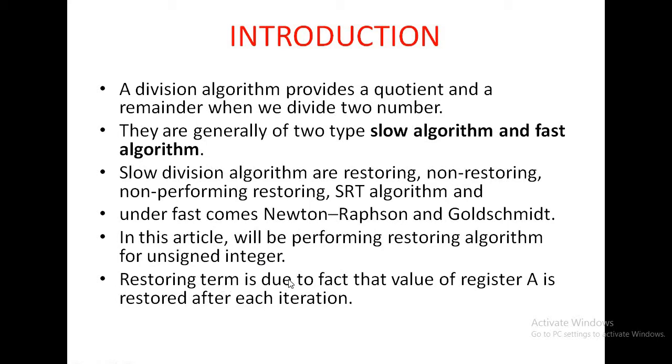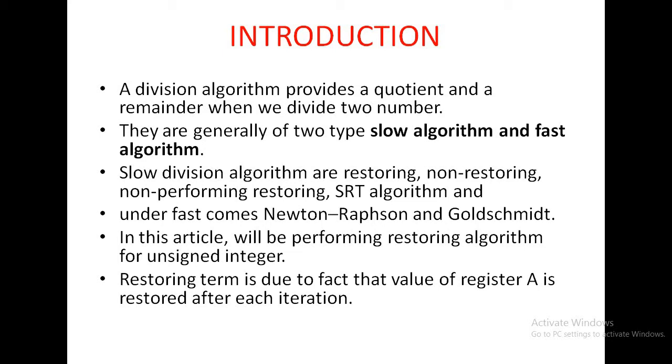Why do we call this division method the restoring division method? Because the value of A is restored. Restored means the previous value comes again in each iteration, so it is called the restoring division algorithm.